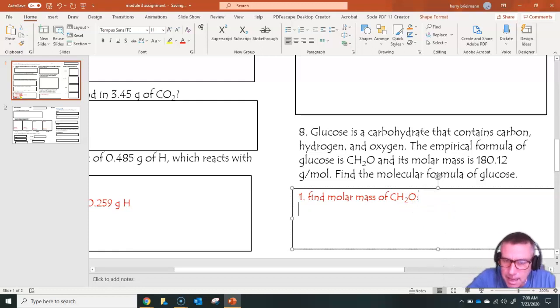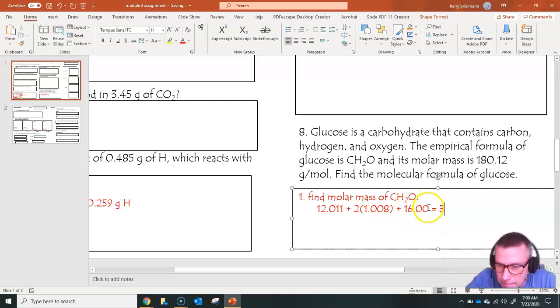And so when we do that, look up your molar masses, grab that periodic table. It's the thing with the decimal places. 12.011 plus 2 times the 1.008 for the hydrogen plus the 16.00 for the oxygen, and we should get about 12 plus 2 is 14 plus 16 is 30, and I got 30.03.